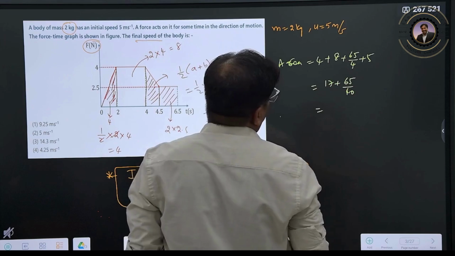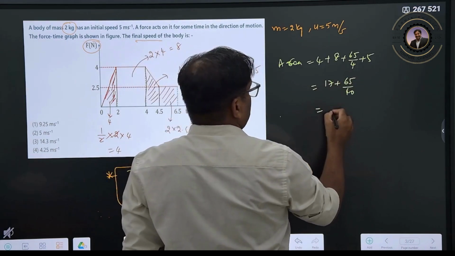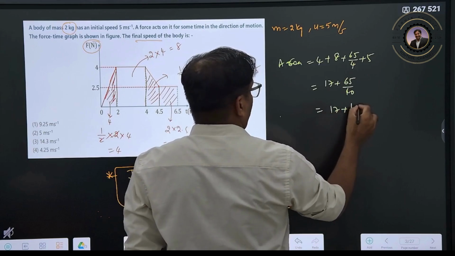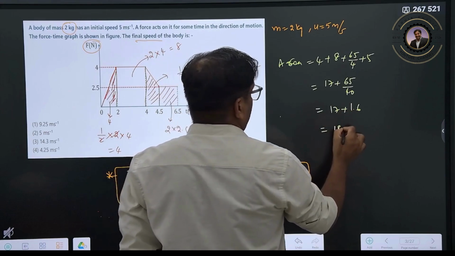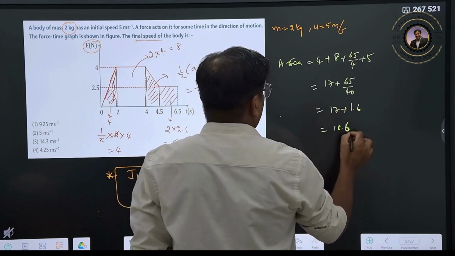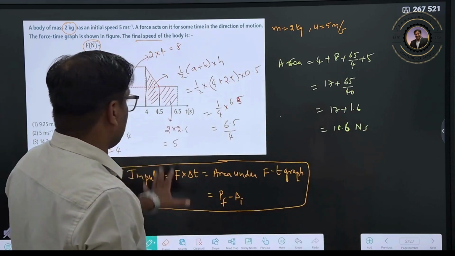Clear? 65 by 40, that is nearly 1.6, so 1.65. Therefore here it is 18.6. This will be in Newton second. This much area I got now.